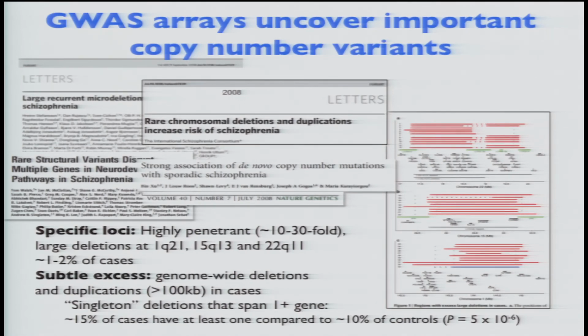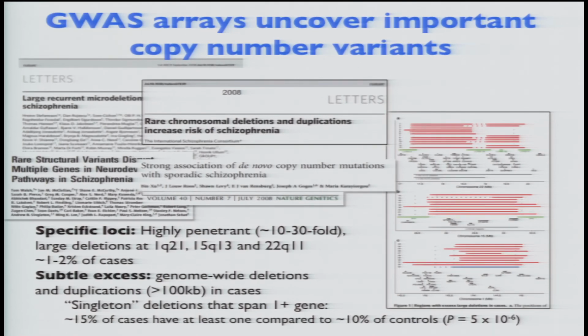These were, in general, very large, and if you carried one of these loci, you had something on the order of a 10 to 30-fold increased risk of developing the disease. This is the largest genetic risk for development of schizophrenia that exists, except for having a monozygotic twin who has schizophrenia.